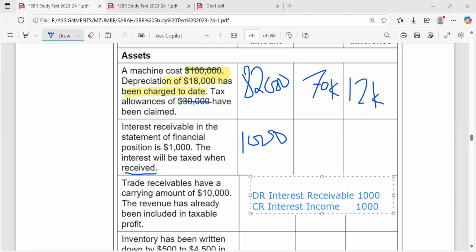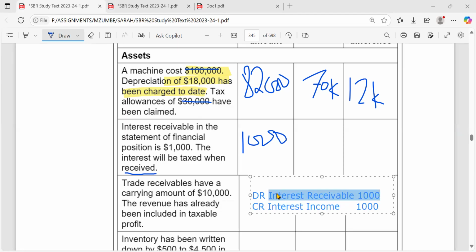That one is for accounting purpose. But now for tax purpose, we are told that the interest will be taxed when received. So until interest has been received, it means it is when you are eligible to record the interest in income, right? So for our case here, it is until we have the cash, until we debit the cash.